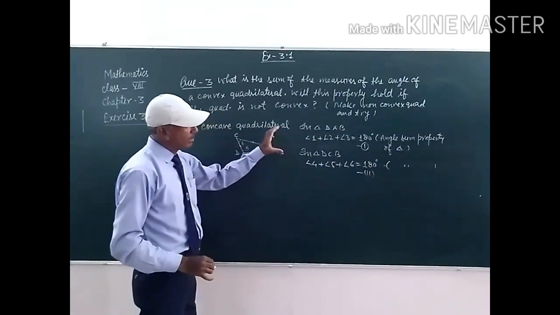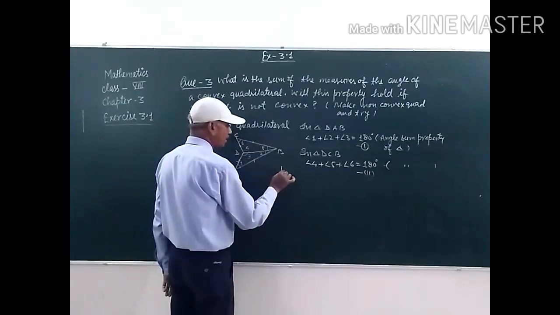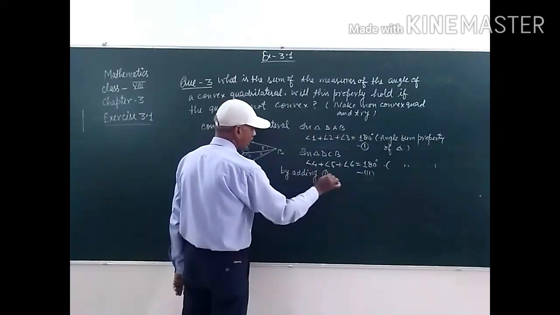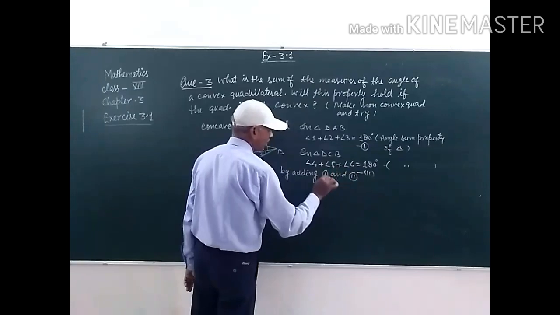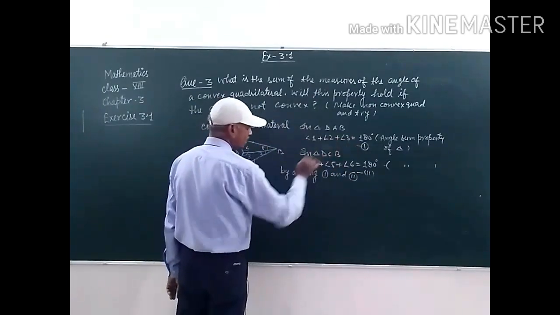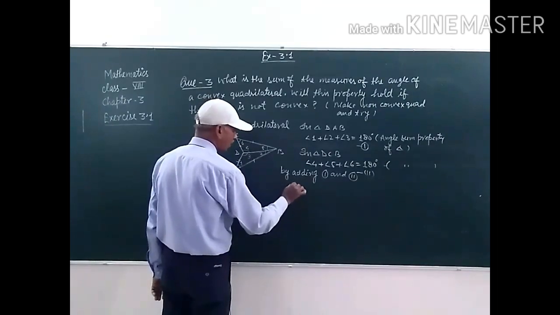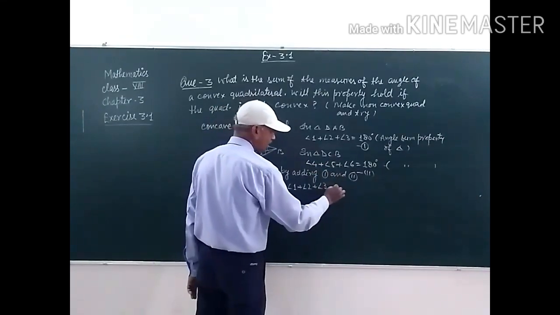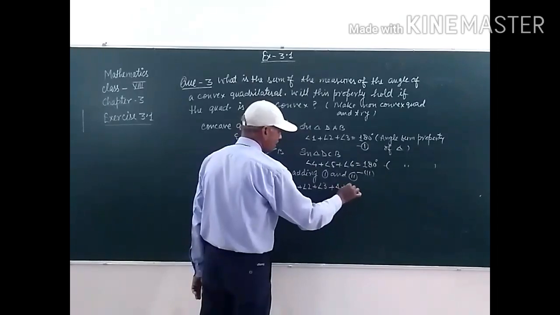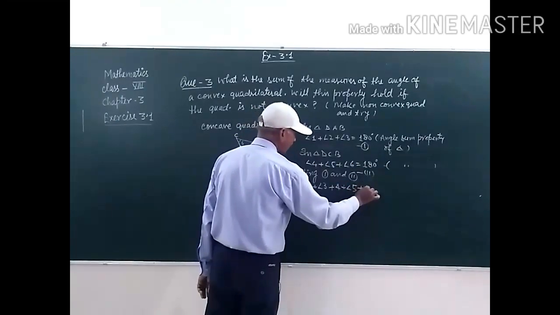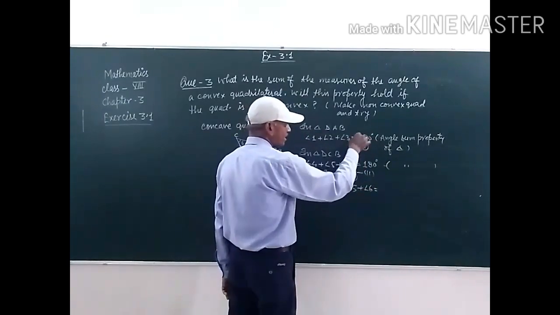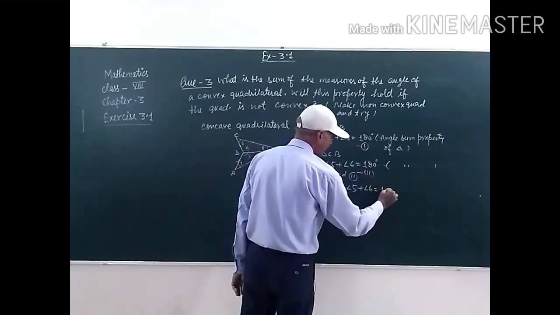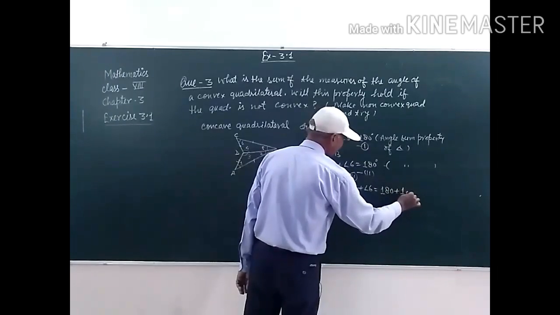Now we have to add these two equations, student. By adding both equations one and two: the first part of the first equation, that is angle 1 plus angle 2 plus angle 3, plus the first part of the second equation, that is angle 4 plus angle 5 plus angle 6, is equal to 180 plus 180.